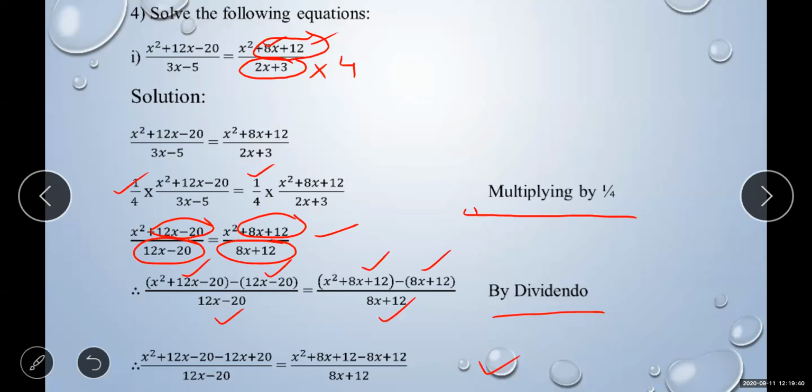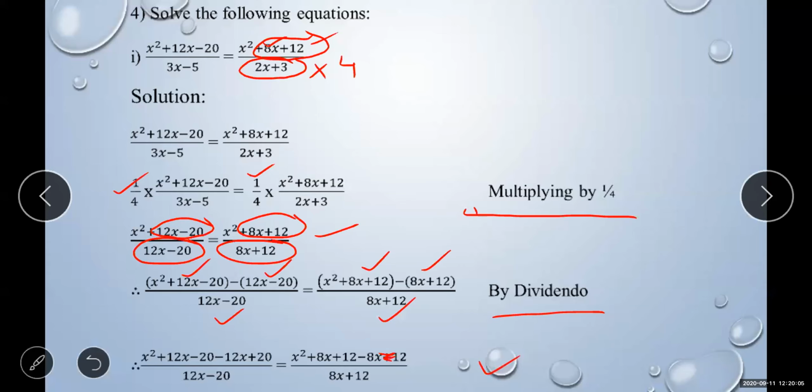So minus 12x, minus minus plus 20, upon 12x minus 20. Now the right side. First bracket as it is, x square plus 8x plus 12, minus 8x, minus plus minus 12. So here it should be minus 12.